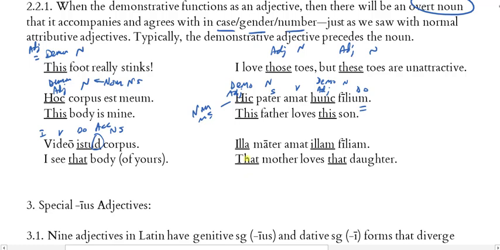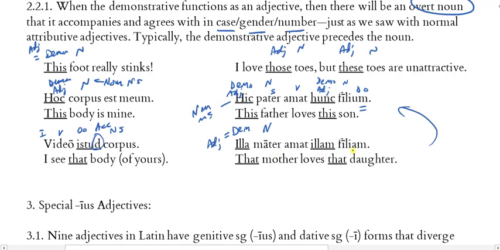Over here on the right side, I have illa mater amat illam filiam. It basically is like this, except I've switched it to a far demonstrative and to a girl set of women instead of men. All right, so that mother, my demonstrative here is followed by a noun, and so this is the adjective use, right? That mother, and it matches the case of mother, nominative feminine singular, illa mater.